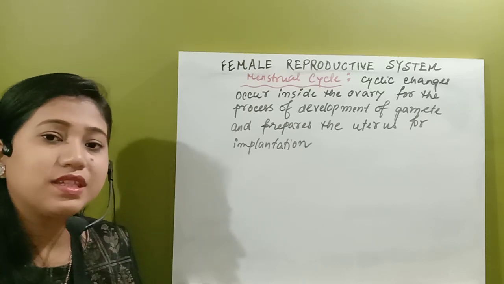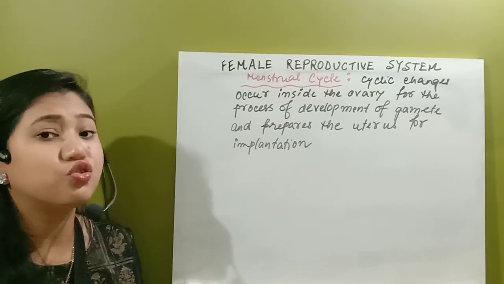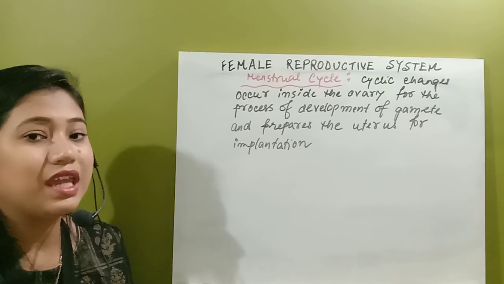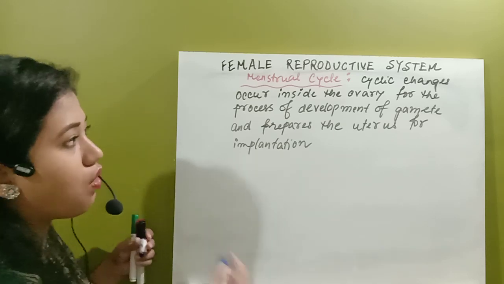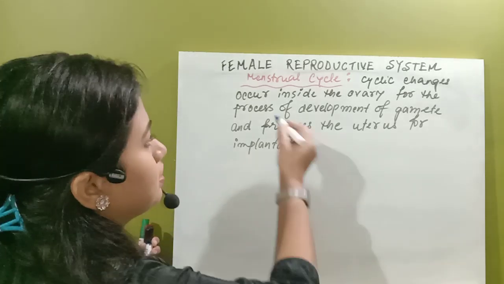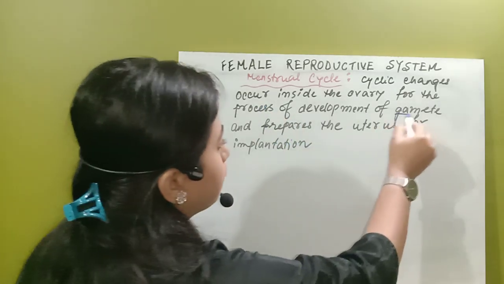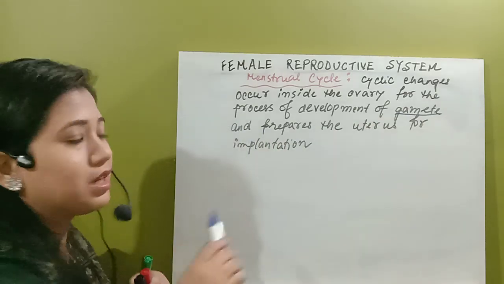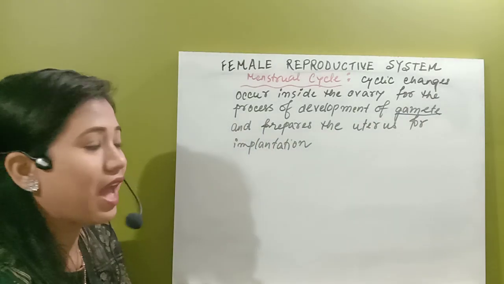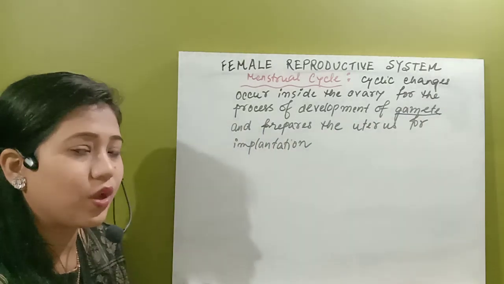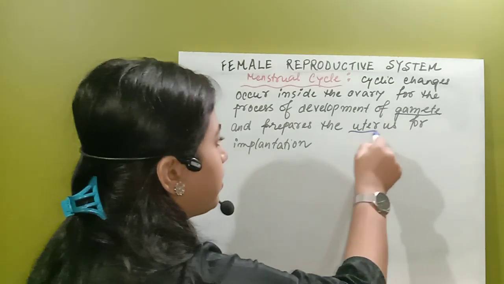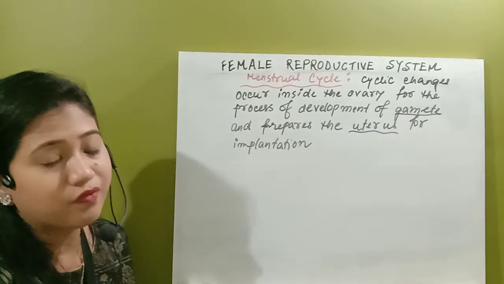So this menstrual cycle basically helps in two functions. First of all, it helps in the formation of the gamete. This gamete will be formed inside the ovary, during the menstrual cycle. And second, it also helps the uterus prepare for the process of implantation.